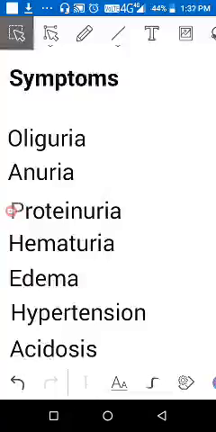That means the sodium and water are retained within the body itself. What is filtration? Filtration is the removal of excess water and also some toxic materials. That is what is called the process of urine formation, right?